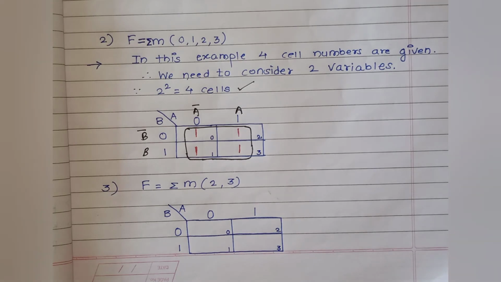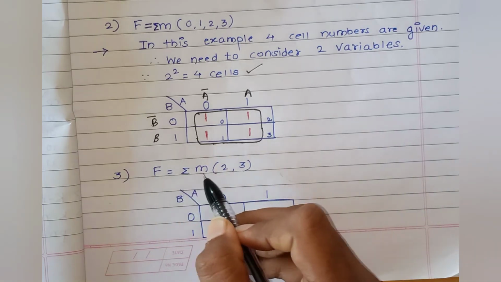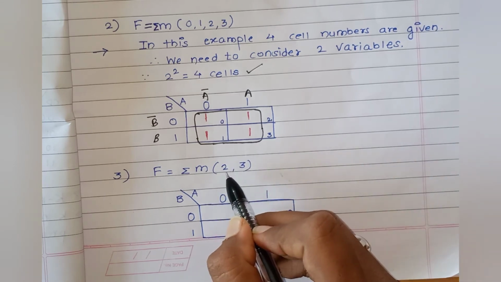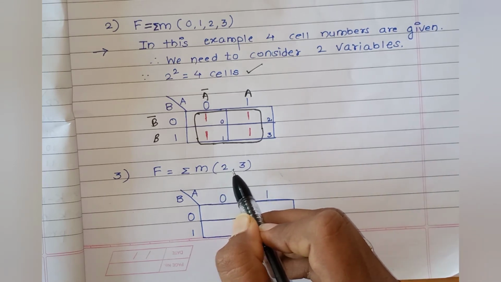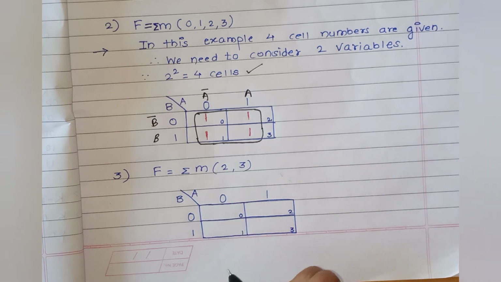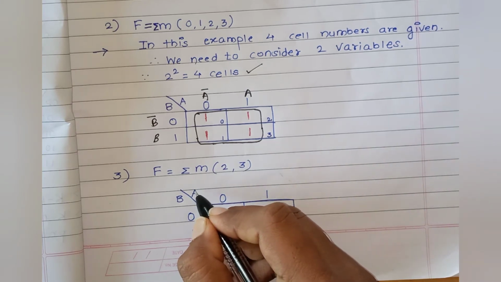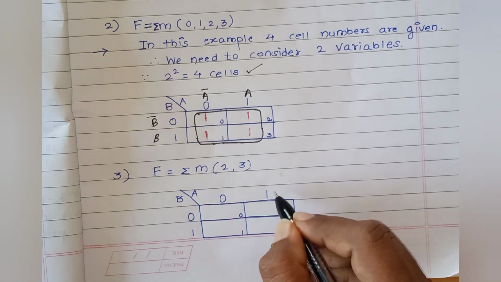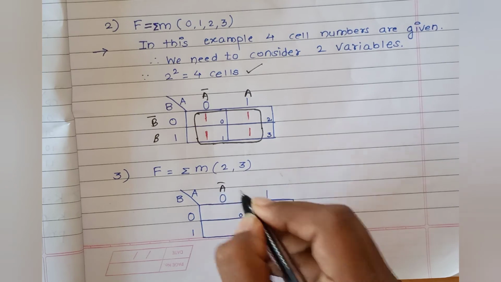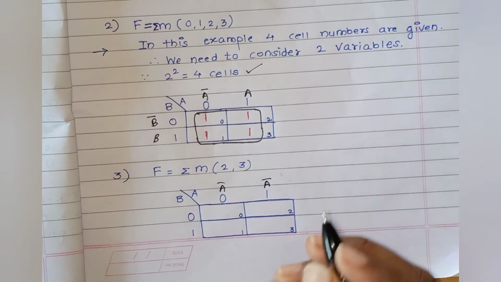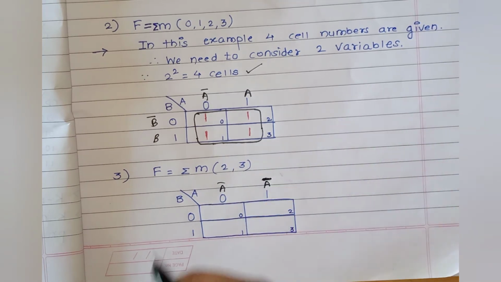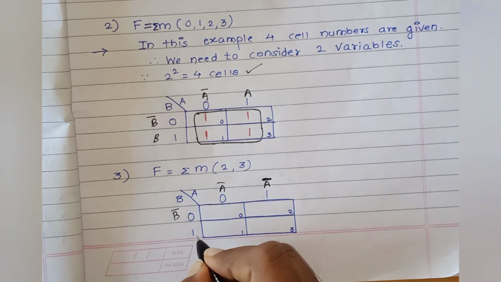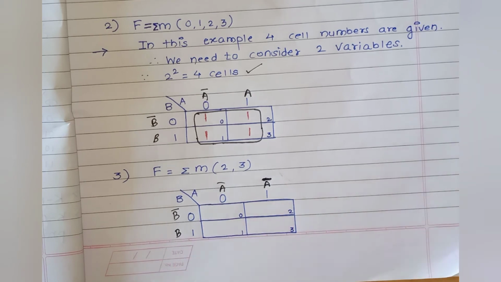Okay, now our question is F is equal to summation of m inside the bracket 2 comma 3, means what? It will have a total of 4 cells, so I have drawn the 4 cells here. Then 2 variables will require A and B. Inputs as given are 0 1 0 1. 0 means A bar, 1 is A, 0 is B bar and 1 is B, right?